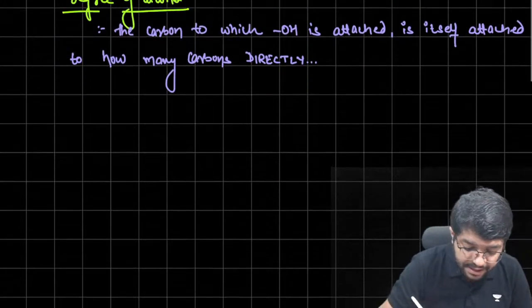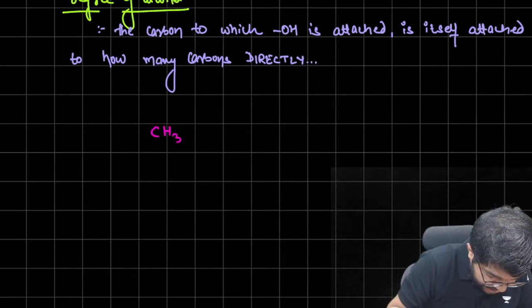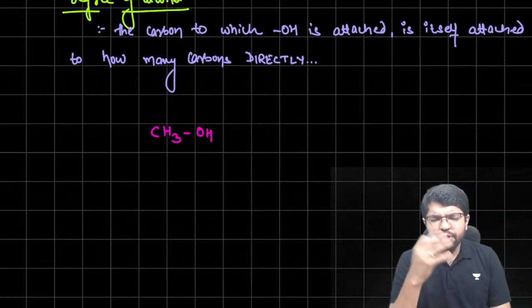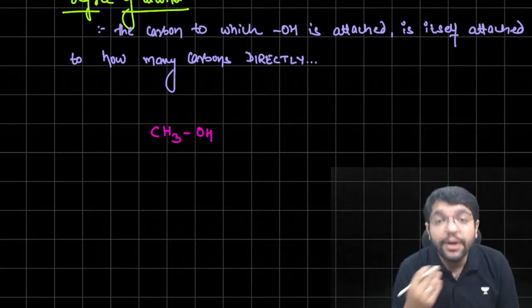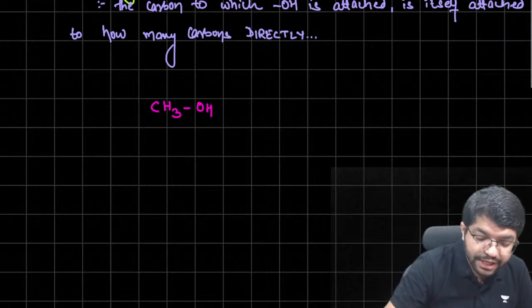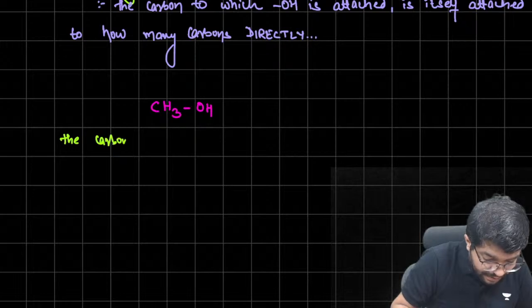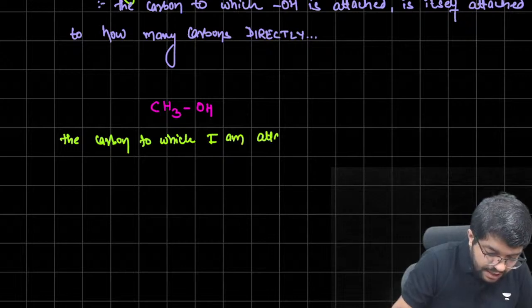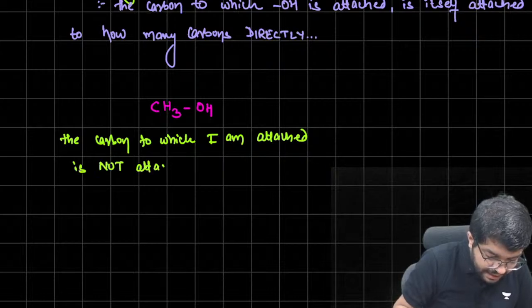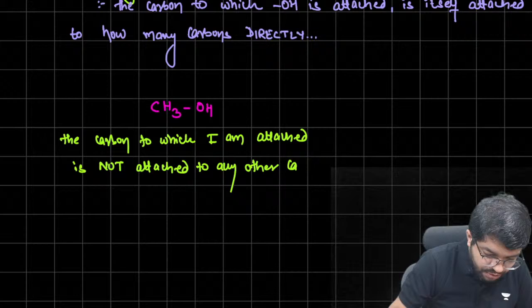For example, say I am CH3OH. The carbon to which I am attached is not attached to any other carbon.